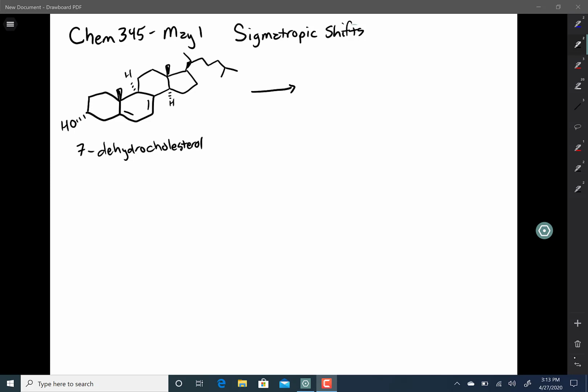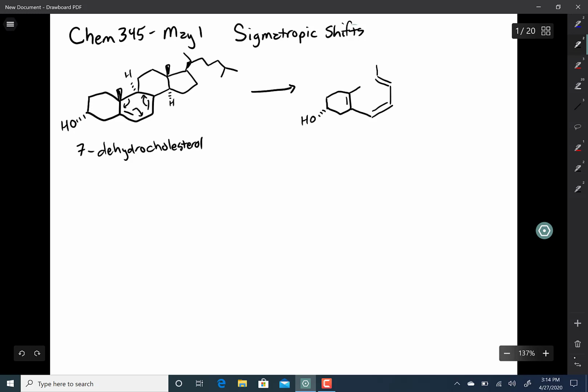If you take 7-dehydrocholesterol, you can open up this ring in an electrocyclic reaction to give this product right here.